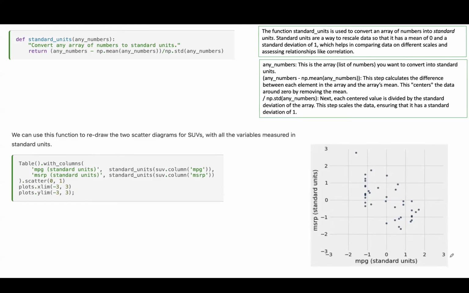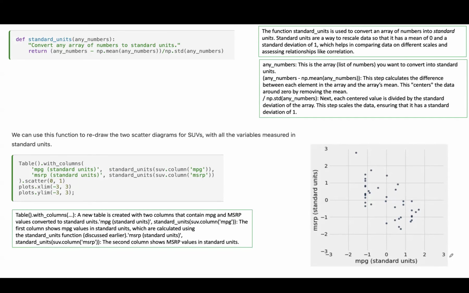So now we can visualize all of these in a standard scale. You're basically creating a new table with columns MPG and MSRP in standard units.